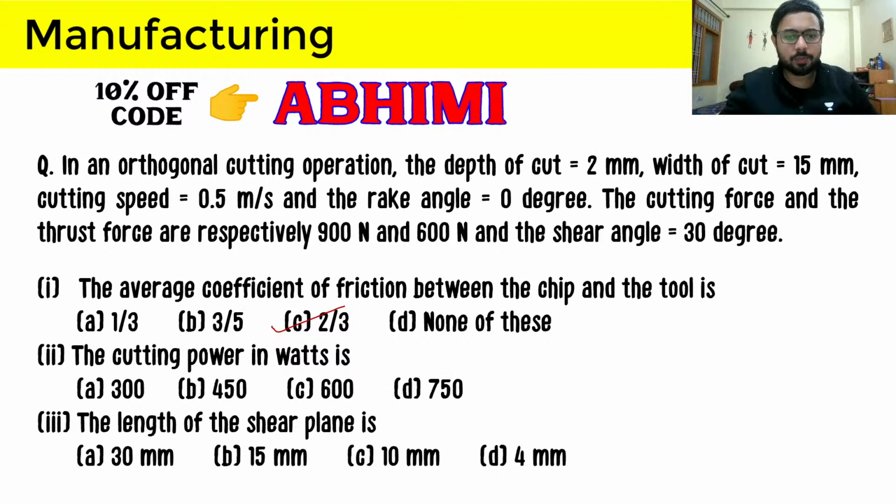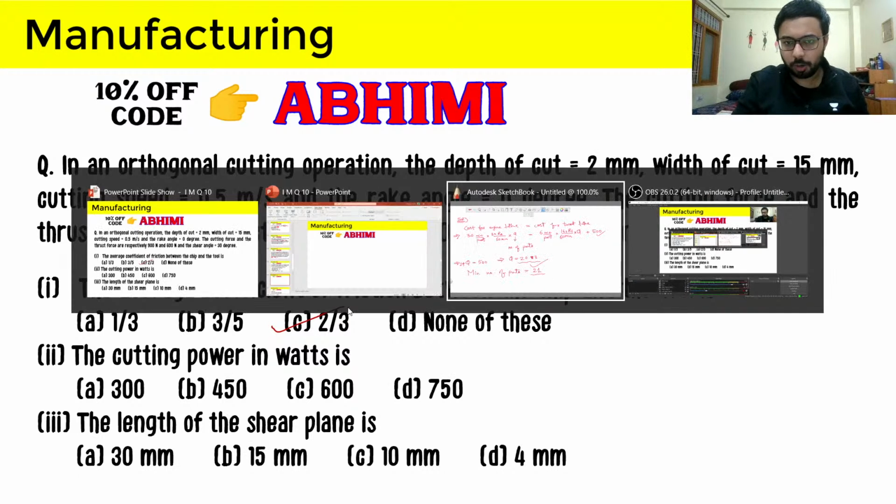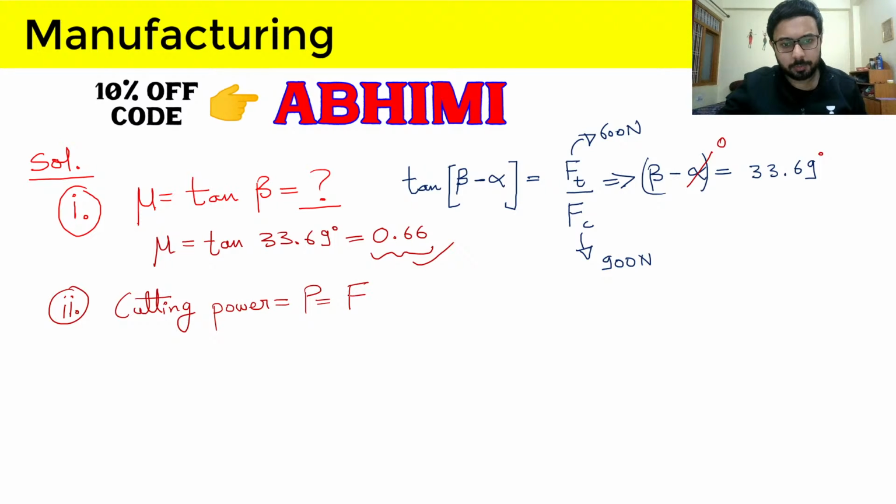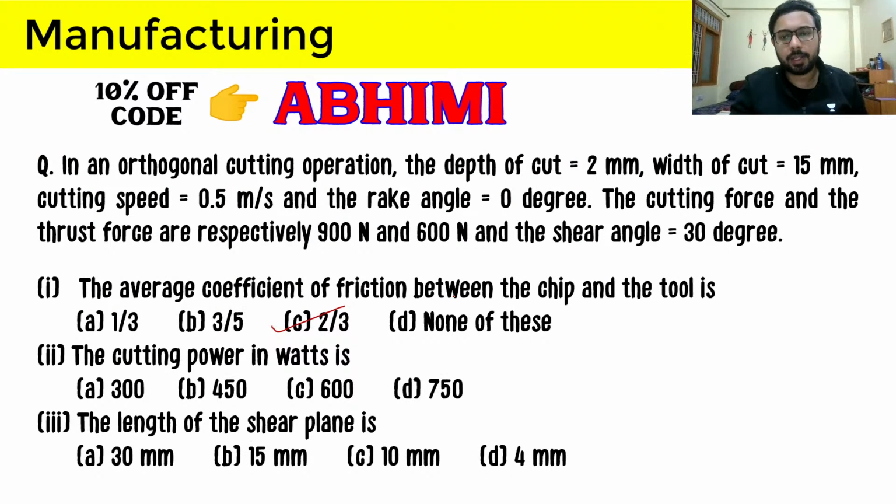Now cutting power in watts is asked. So what will be the cutting power in watts? And we will do that here only. So cutting power will simply be Fc into V, where Fc is your cutting force and small v is your cutting speed.